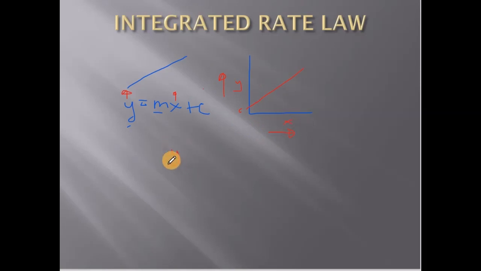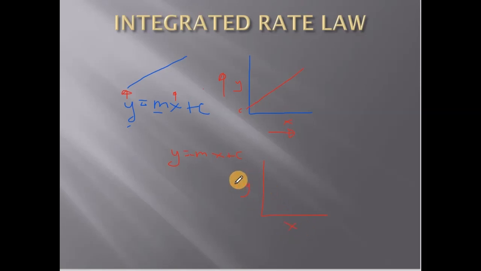If we have this expression y equals minus mx plus c, that is to say, if the gradient is now negative, what does it mean? It means that as you increase one quantity, the other quantity will decrease. So this expression can be drawn as this, where here is y and here is x.